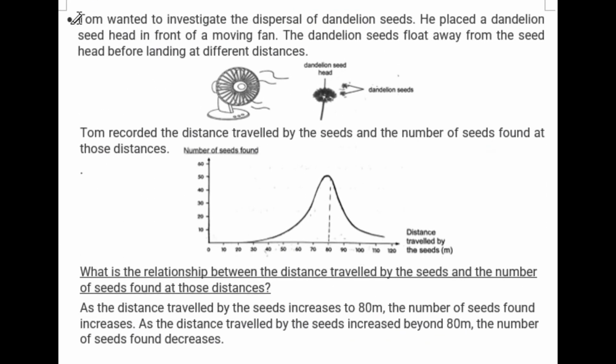Tom wanted to investigate the dispersal of dandelion seeds. He placed a dandelion seed head in front of a moving fan. The dandelion seeds float away from the seed head before landing at different distances. Tom recorded the distance traveled by the seeds and the number of seeds found at those distances.